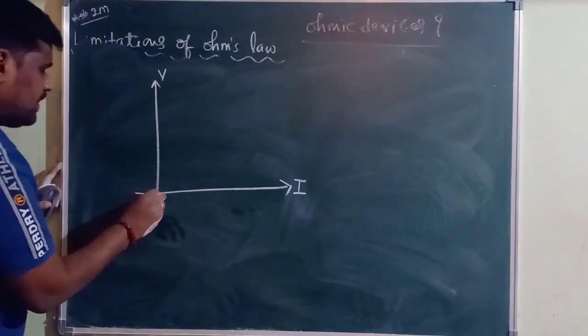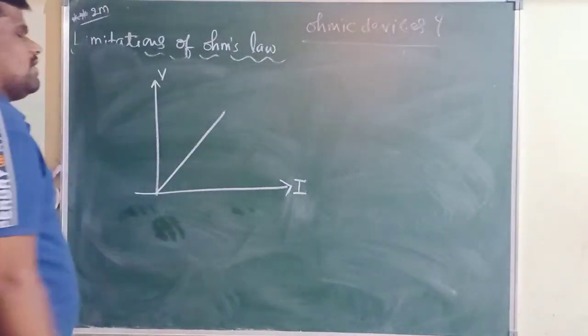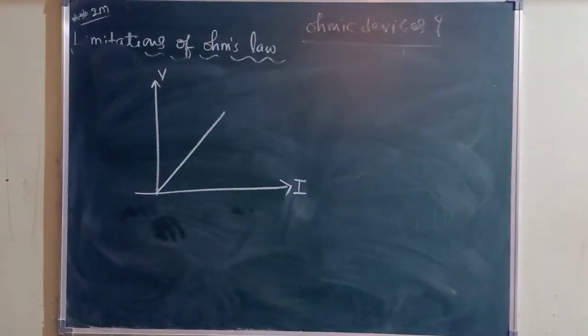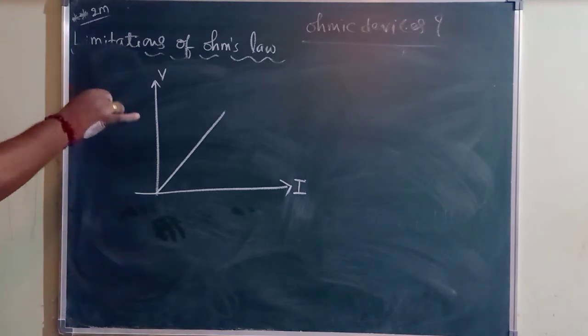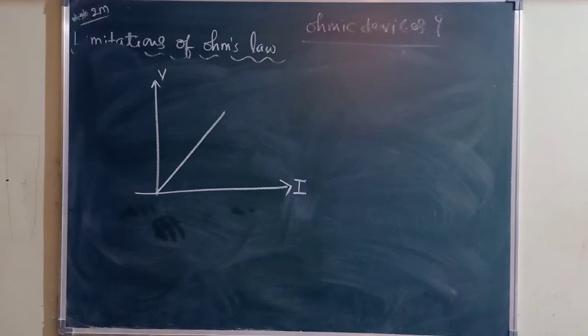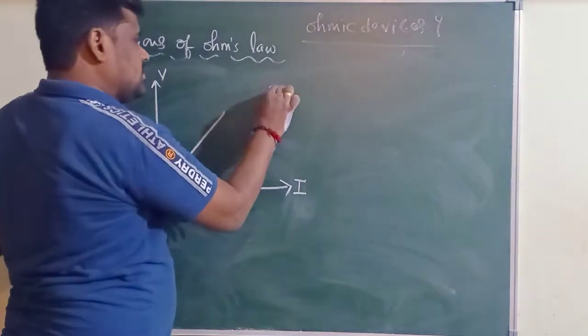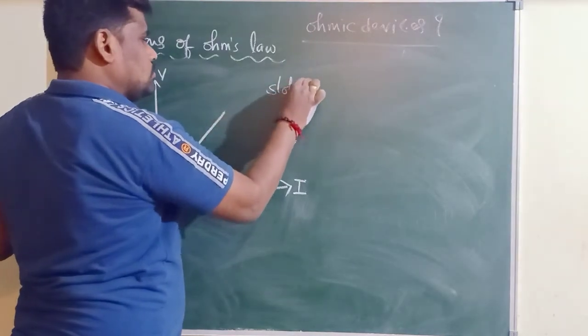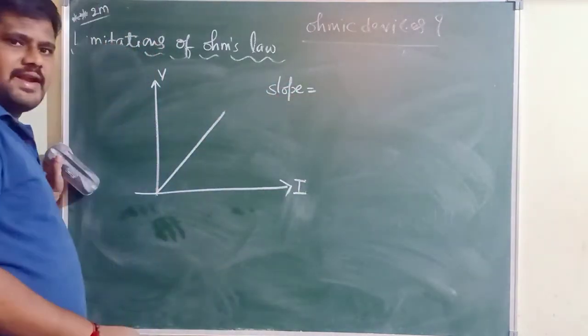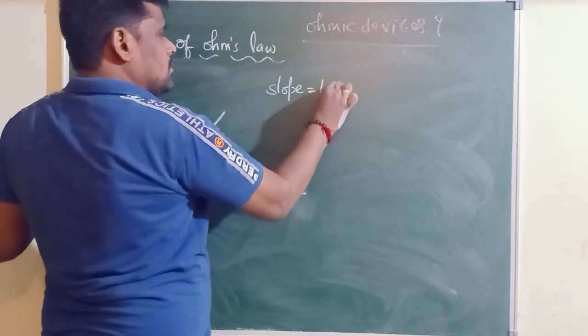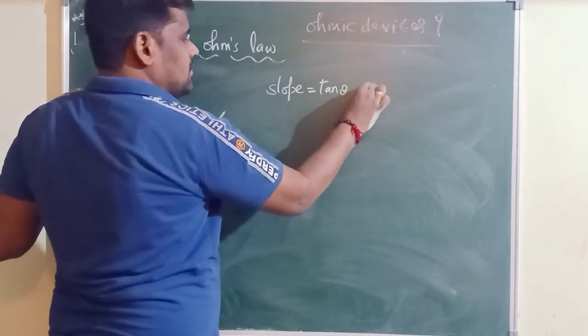If it is an ohmic device, definitely that graph is a straight line. Then what is the slope of this graph? Slope equals tan theta.